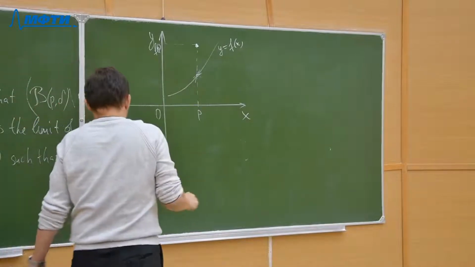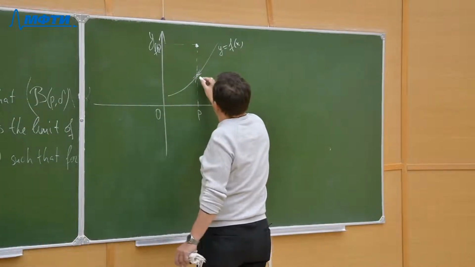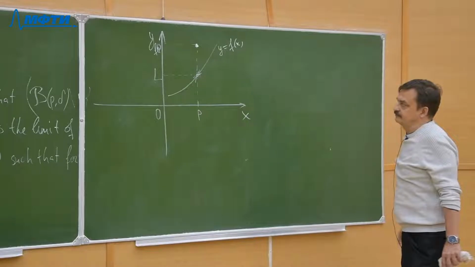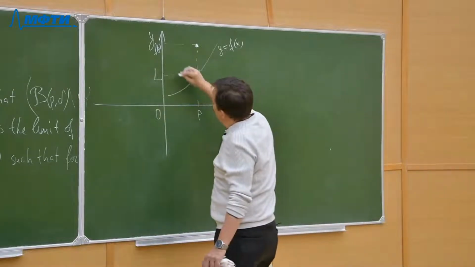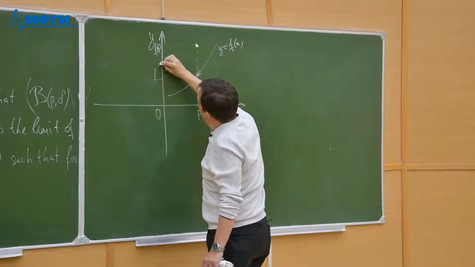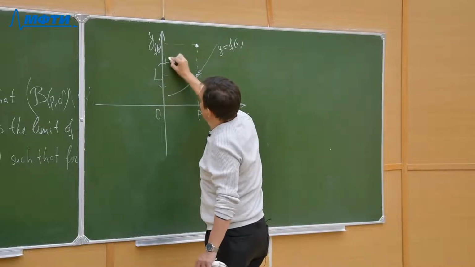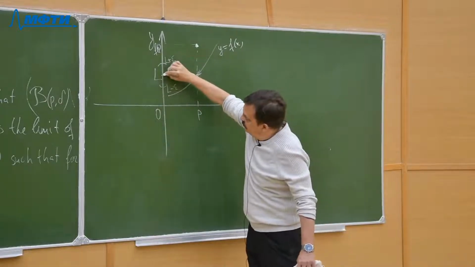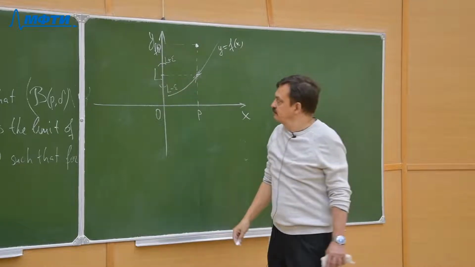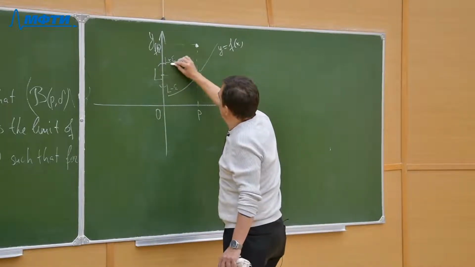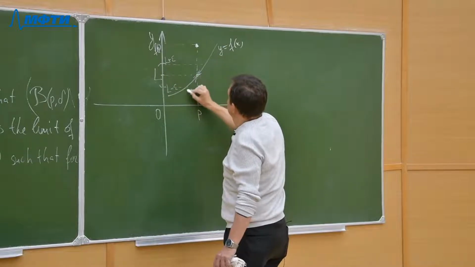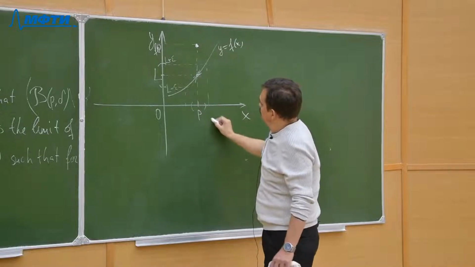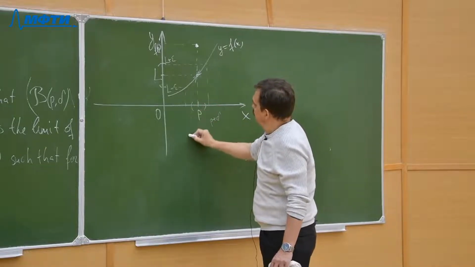That's it. So look, that is the limit, right? So we can choose an arbitrarily small neighborhood of the limit, that is L plus epsilon, L minus epsilon. Then we can guarantee the existence. Look, for example, here, p plus delta, p minus delta.